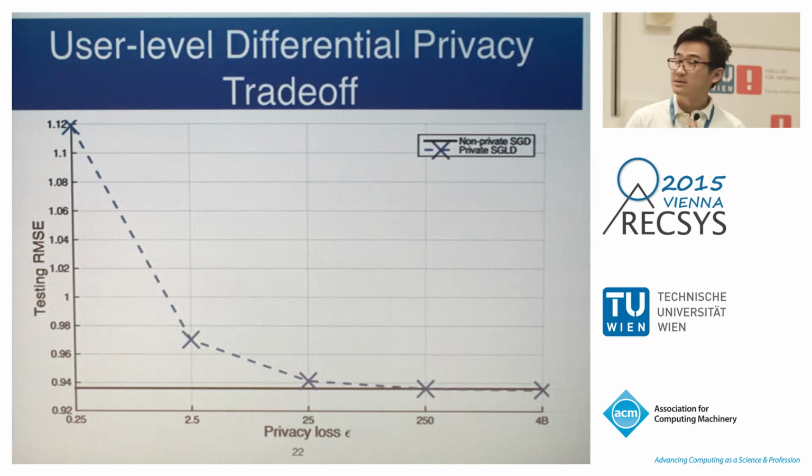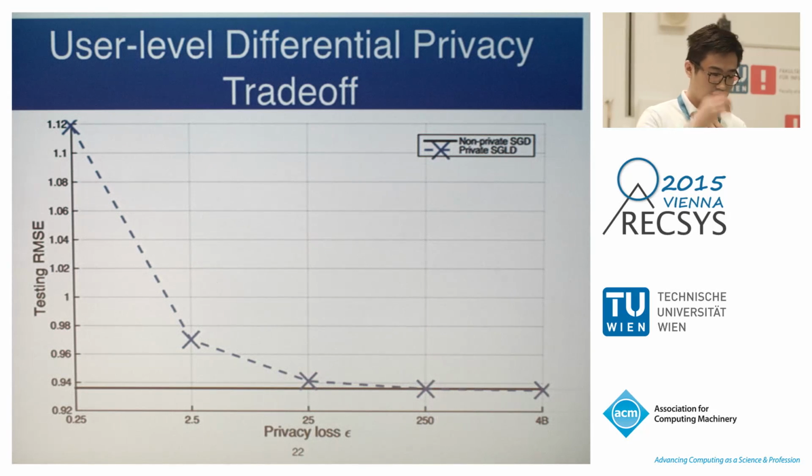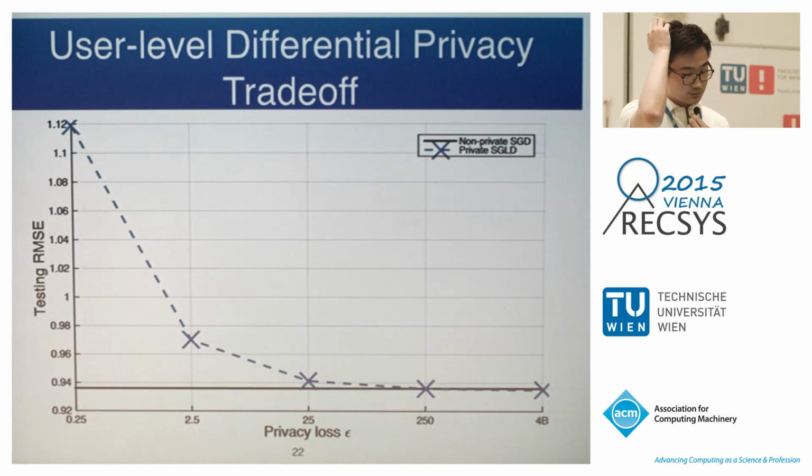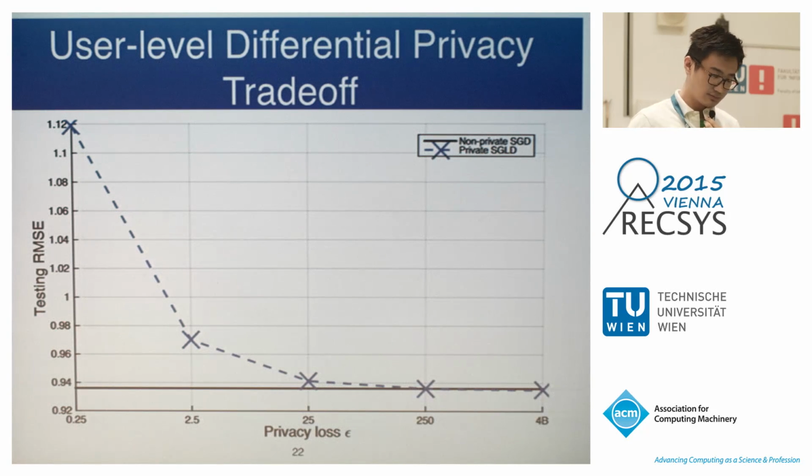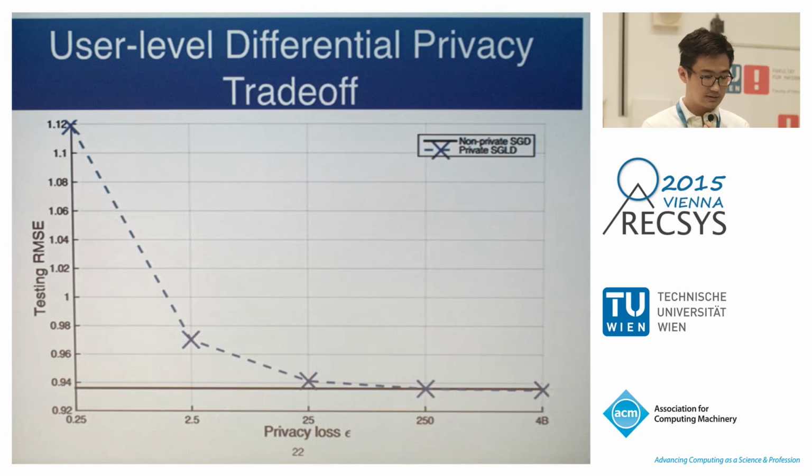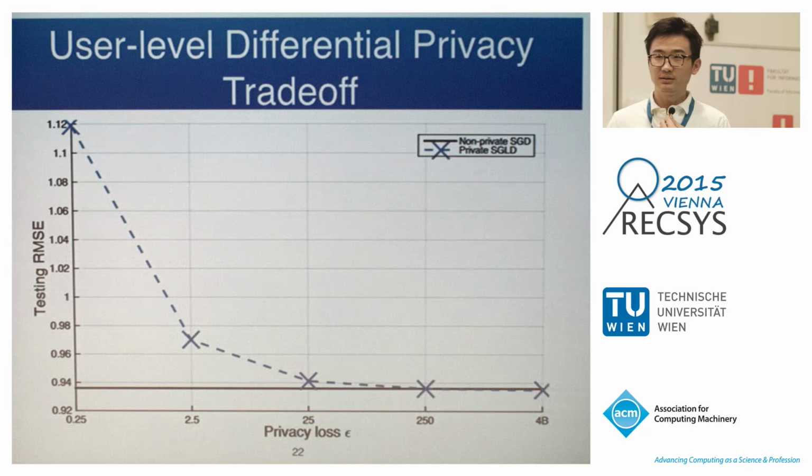So at last, I will show the accuracy of user-level differential privacy when we change the privacy budget. The axis is the privacy budget. It's set from 0.25 to 2,500. This is the result on the Netflix data, and it's okay.